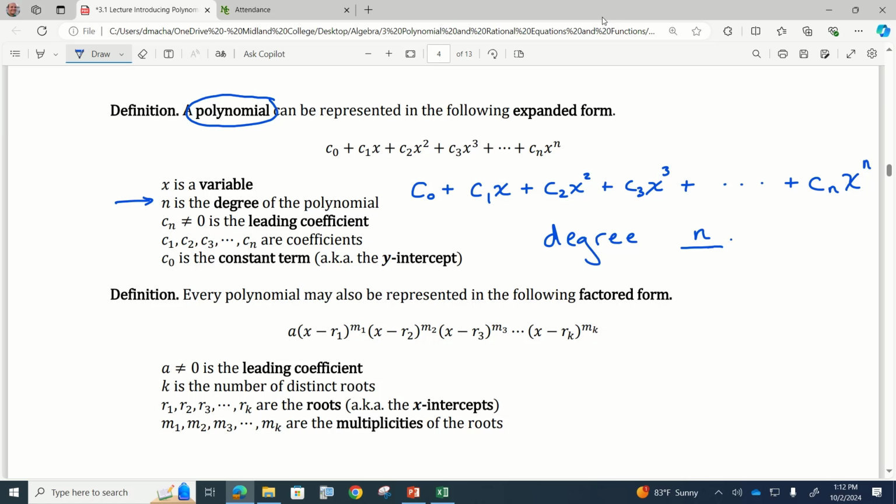Okay, so every polynomial of any degree could also be represented in factored form.